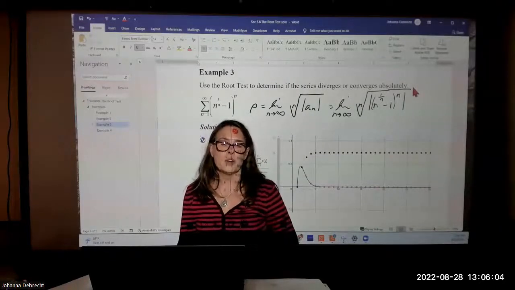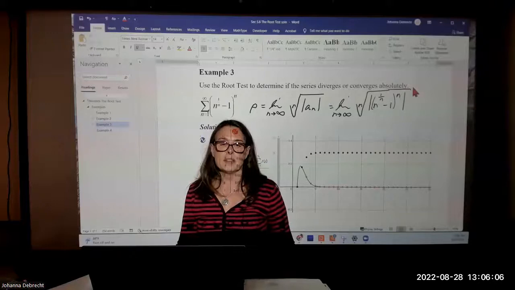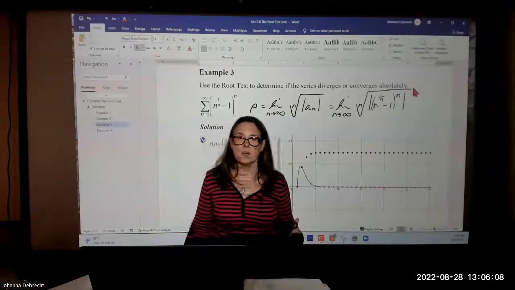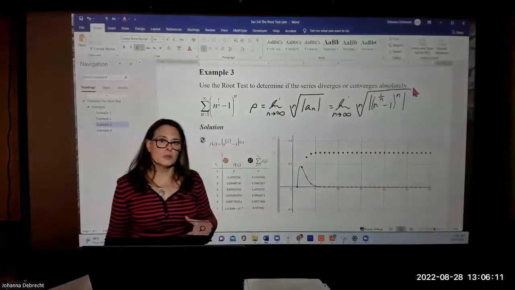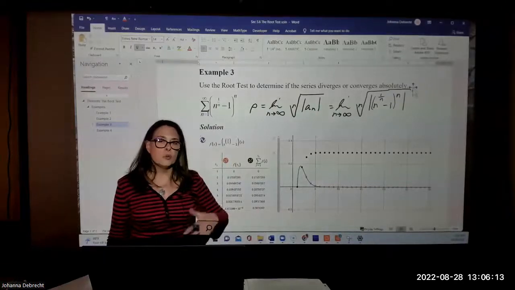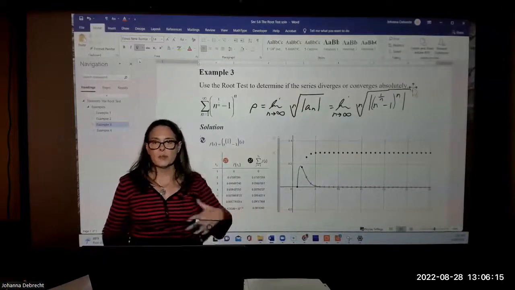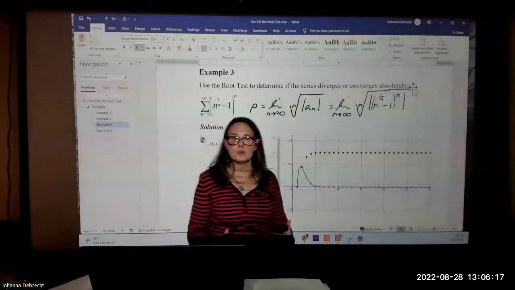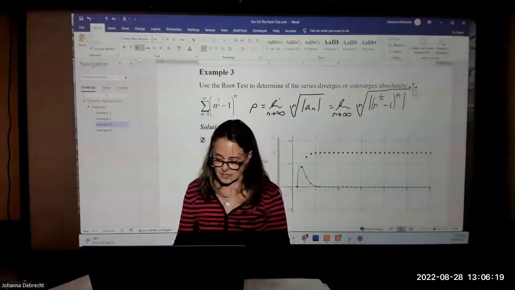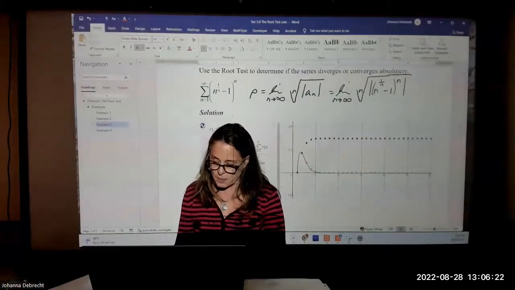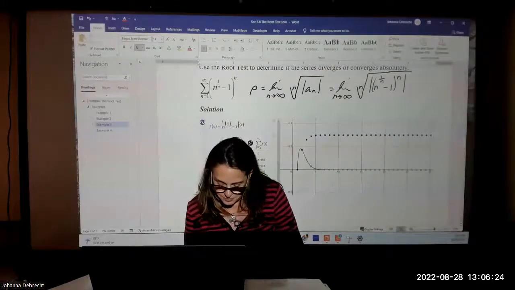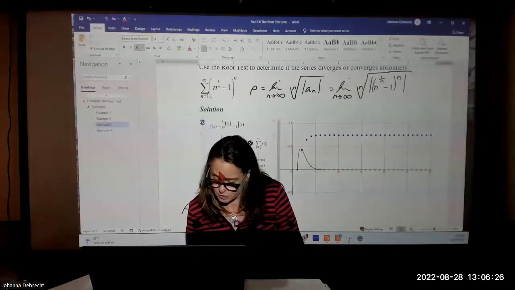I know n to the 1 over n is going to be a positive value, but I would have to think about whether the square root of 2 and the cube root of 3 and the fourth root of 4, minus 1, are going to give me positive numbers or not. And the answer is yes, they do. So I can drop the absolute values and continue to solve for rho.